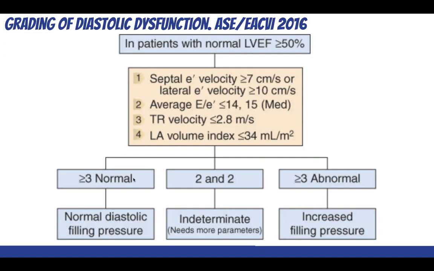If you have three things normal, that's a normal diastolic filling pressure. If you have three or more abnormal, that's increased filling pressure, that's diastolic dysfunction. And if you have two and two, then you need to look at more parameters to figure out what's going on.